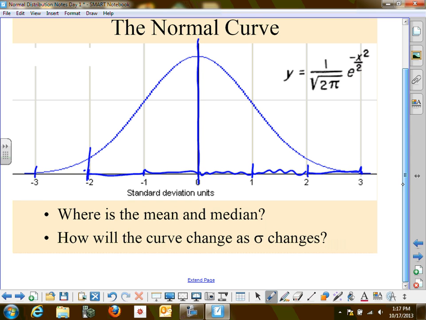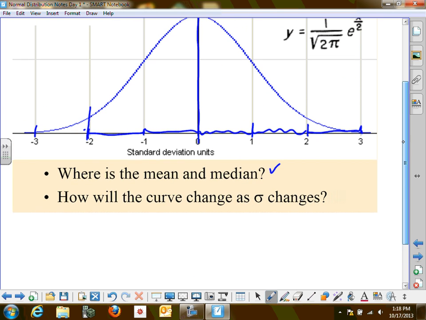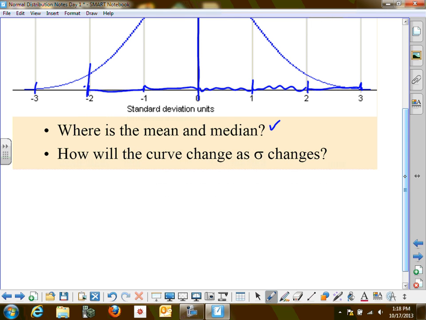But let's now address this idea. You already told me that the mean and the median are there in the middle. So here's my next question. What happens if this item right here changes? My first question is, what is that? It is a Greek letter, lowercase sigma, that represents the standard deviation.